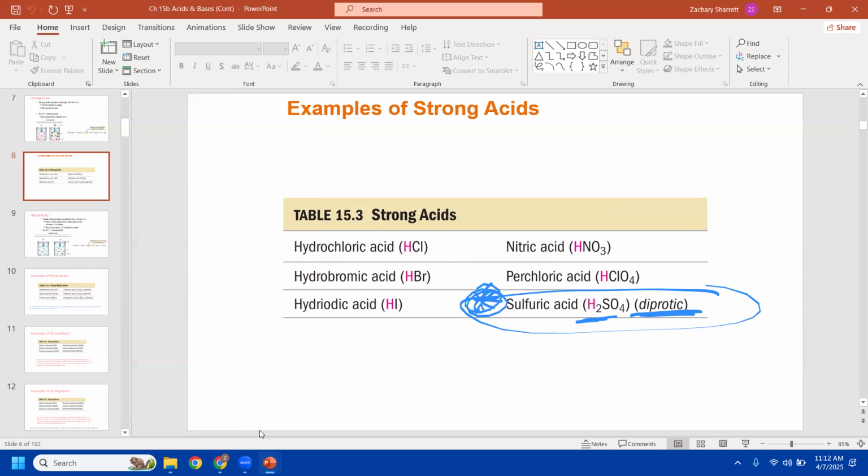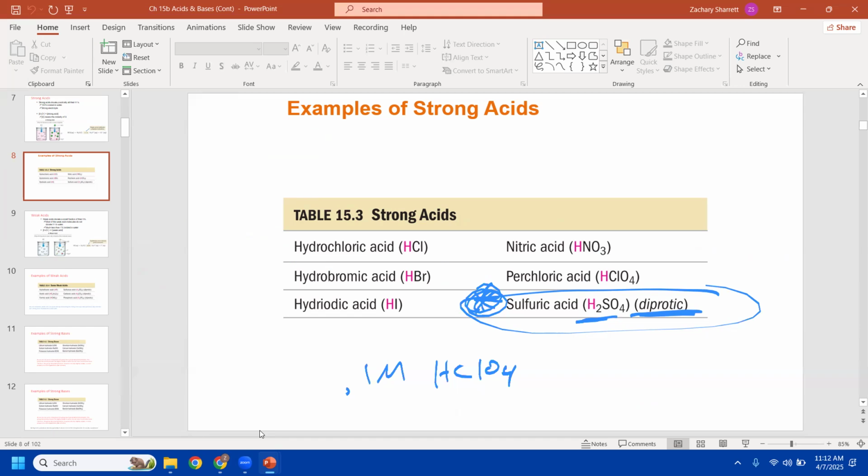But for every other one of these acids, if I gave you 0.1 molar perchloric acid and I wanted you to tell me what the pH of that solution is going to be, how do you think you would do this, Alondra? Can you tell how much H plus is in solution of a 0.1 molar HClO4 solution? What do you think? How much?